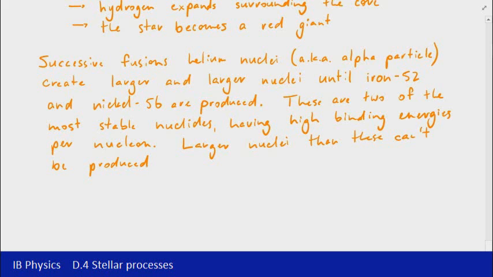The reason for that is that larger nuclei than these can't be produced by fusion, because energy actually would need to be added in order for that fusion to occur. So I'll just make that note. Or energy would need to be taken in, is another way to think of it, in order for those larger nuclei to be fused, or to be a product of fusion. Taken in.